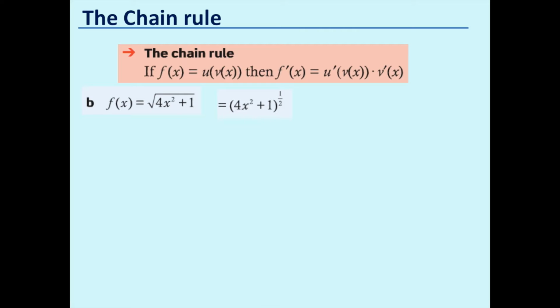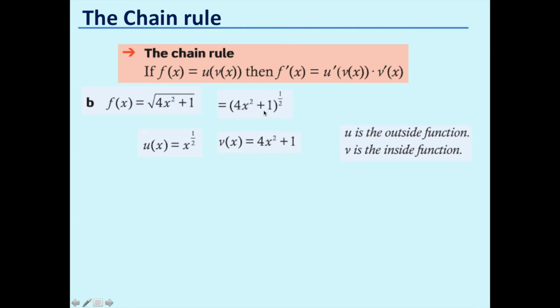For question B then, we can see first of all that it's not very helpful to express it using a square root sign, so we're going to express it as a rational exponent, which is just 4x squared plus 1 to the power half. So here to find the two functions, u, our function on the outside, is some value to the power half, v of x is the bit on the inside, 4x squared plus 1.